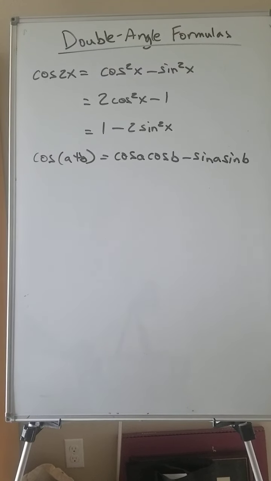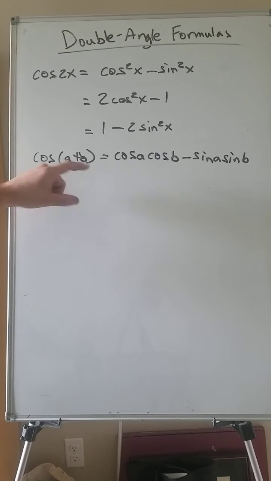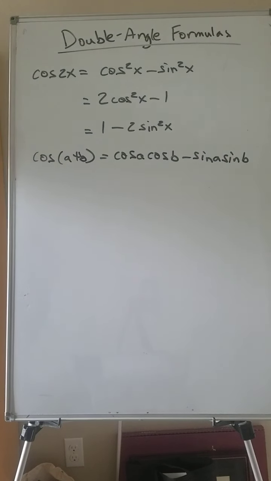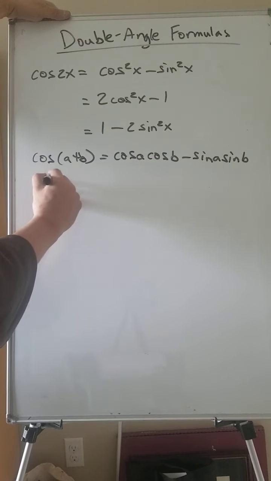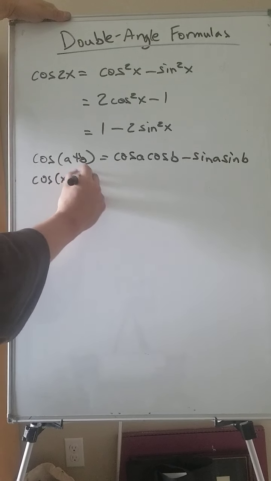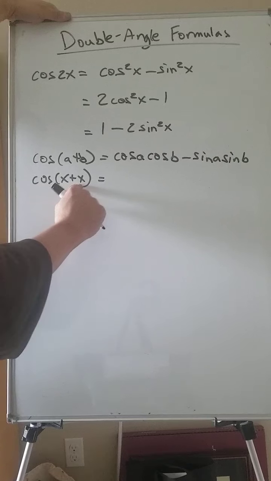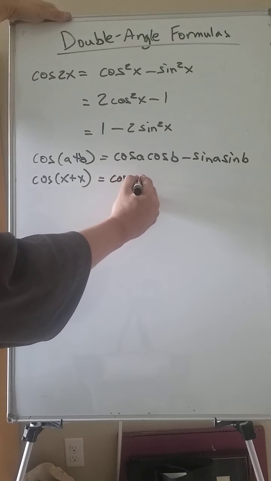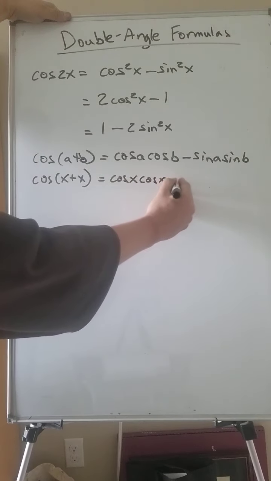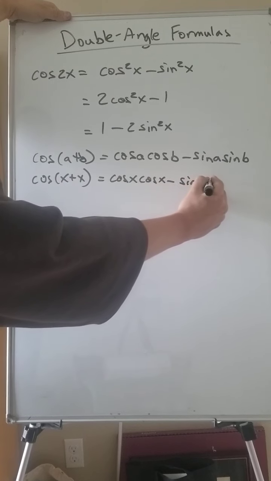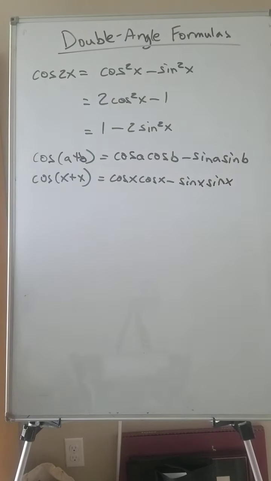But just like I showed you with the sine, if I replace a and b with x and x, I would get cosine of x plus x. I would just replace a and b with x's, so that would be cosine x cosine x minus sine x sine x.